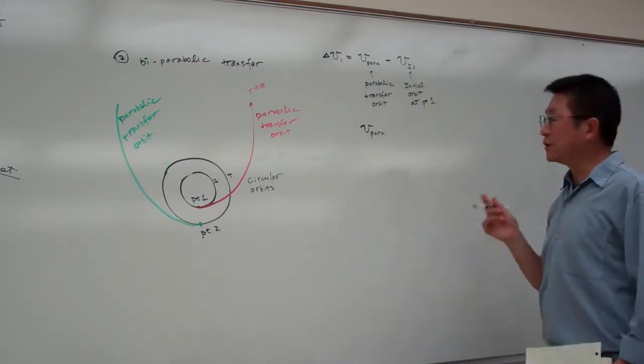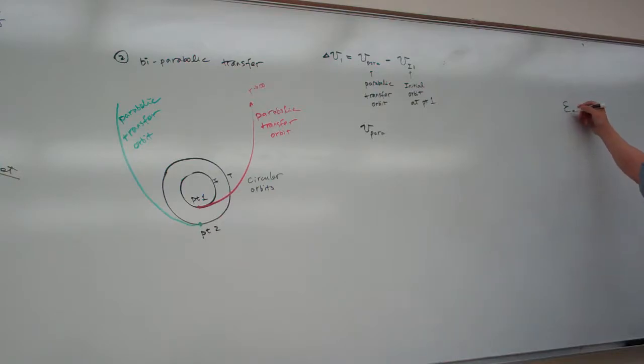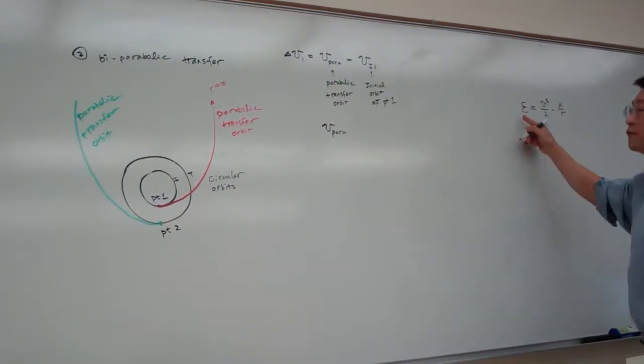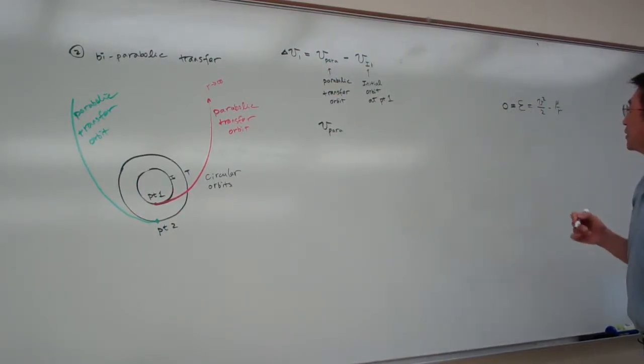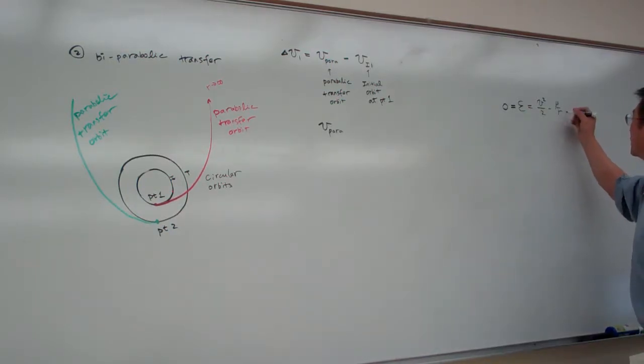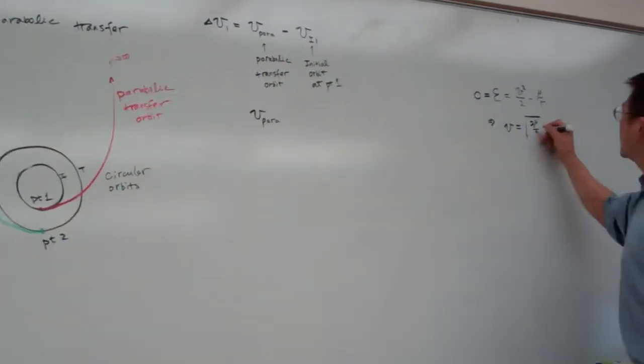Again, we know the specific mechanical energy is equal to V squared over 2 minus mu over R. And for parabolic orbits, we know the specific energy by definition is equal to 0. So for parabolic, we have V equal to the square root of 2 mu over R.